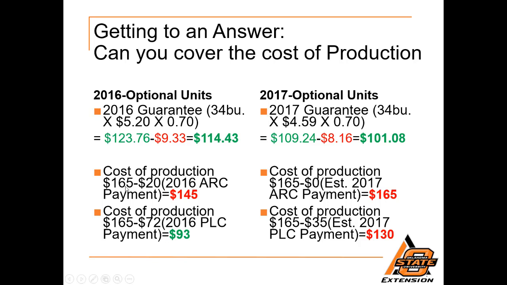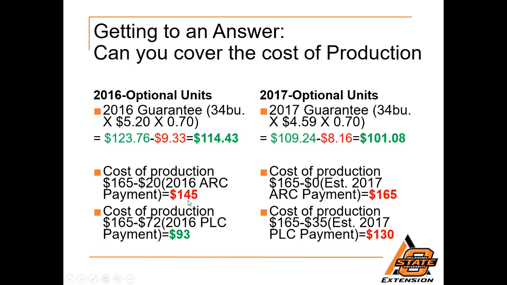So $165 worth of cost minus another $20 that we received from the ARC program gives us $145 that we need to cover with our crop insurance in order to assume that we have zero loss in the event that we lose yield or price in our revenue protection policy.